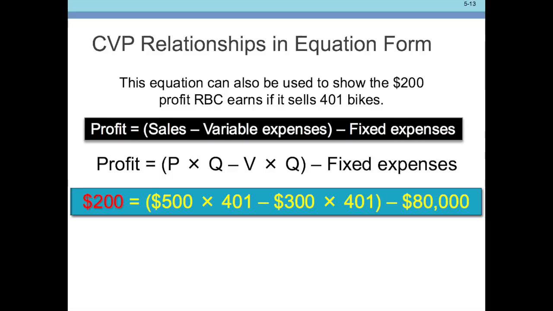So we know that profit of $200 equals 500 times the 401 minus 300 times the 401 minus 80,000. Well, you can see what we're going to factor out here, aren't we? Instead of doing it over 401 units, we're going to factor out the units and do it over 1 unit. So what's the difference if we factor that out?